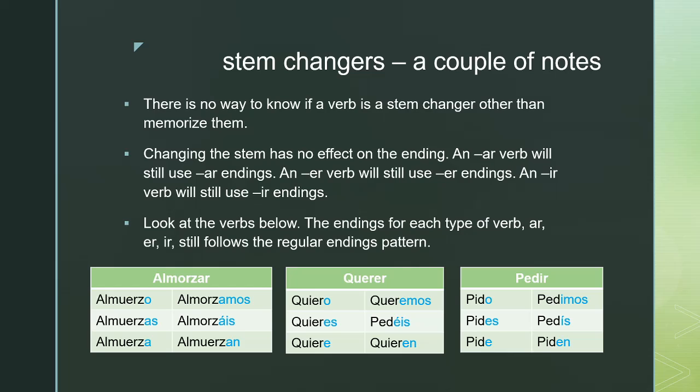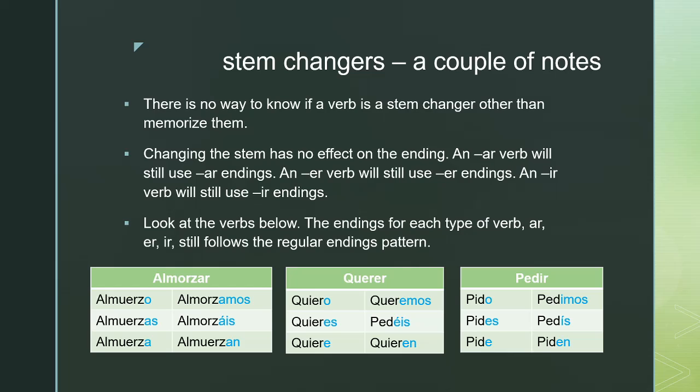Changing the stem has no effect on the ending. So once again, you look down below, we have an AR verb, an ER verb, and an IR verb. And the endings, the O, the AS, the A, AMOS, A with an accent, IS, AN, for the AR verbs, we see the same kind of thing for the ER verbs, the IR verbs. Those are the normal endings for regular present tense verbs that we would have expected, whether it was a stem changer or not.